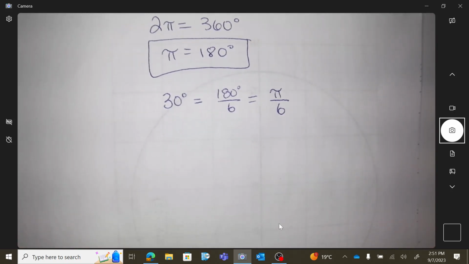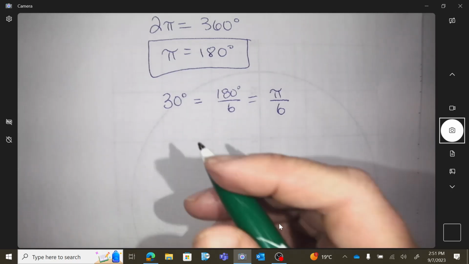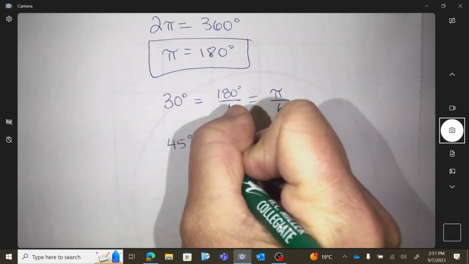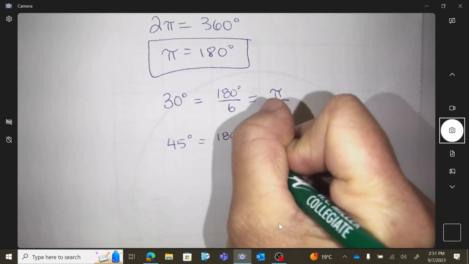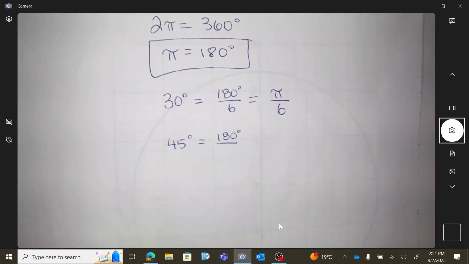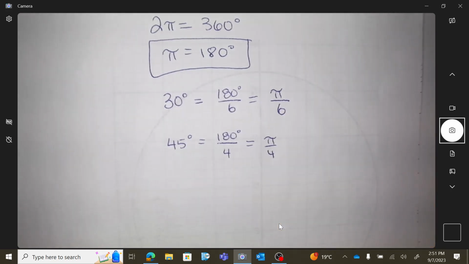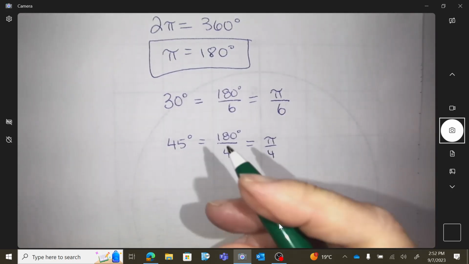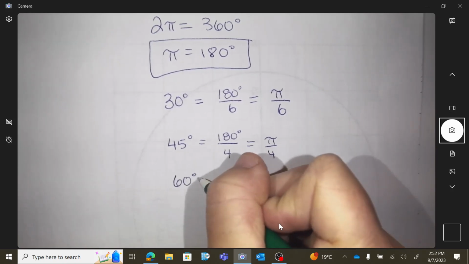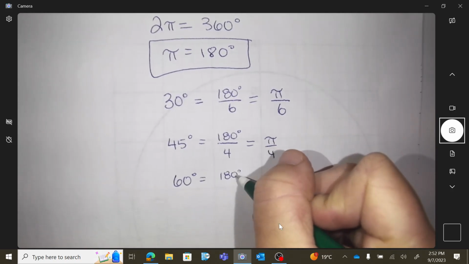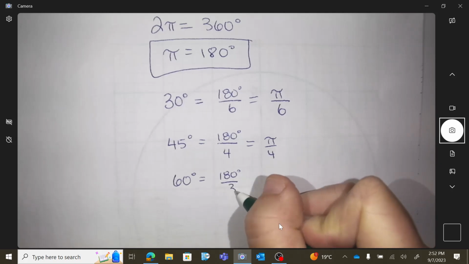You don't need to write this down. I'm going to give you some chances to do it. Okay, the next would be 45 degrees. 45 is 180 divided by, anybody know what you would have to divide 180 by? 4. So in radians, it'd be pi over 4. 60 degrees is 180 divided by 3.